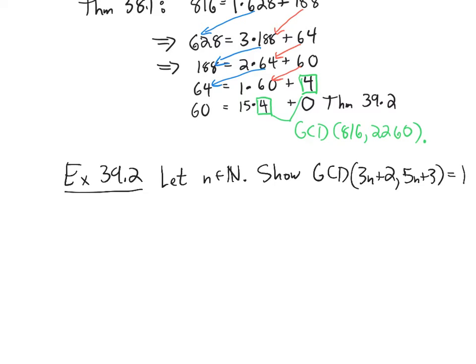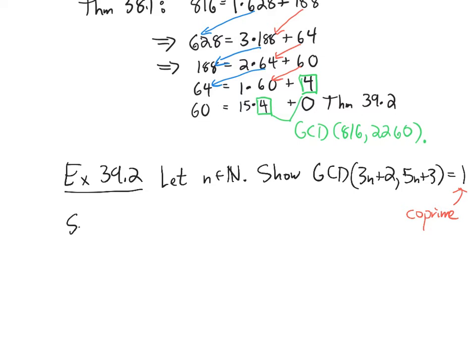And whenever you have a greatest common divisor of 1, we call these numbers coprime. So 3n plus 2 and 5n plus 3 are coprime because their greatest common divisor is 1. 9 and 8 are another example, one of the easier examples of coprime numbers. They do not share a common factor other than 1.